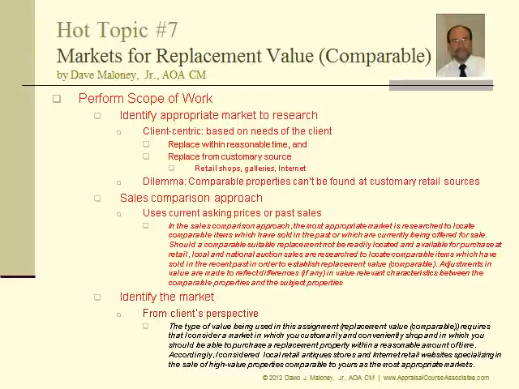So I state in my report, "The type of value being used in this assignment, replacement value comparable, requires that I consider a market in which you customarily and conveniently shop, and in which you should be able to purchase a replacement property within a reasonable amount of time. Accordingly, I considered local retail antique stores and internet retail websites specializing in the sale of high-value properties comparable to yours as the most appropriate markets."